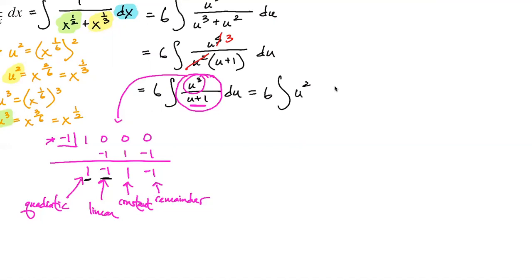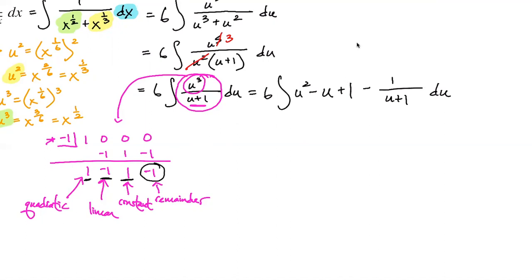This -1 means -1u. This 1 means just a +1, all right? So that's the division part. And now I have this remainder, and the remainder is just going to be that remainder over the thing I divided by.